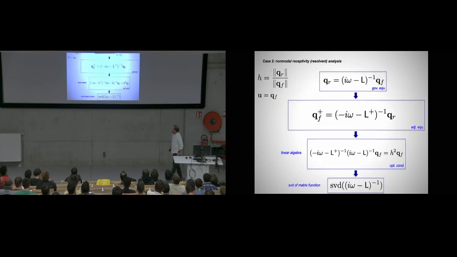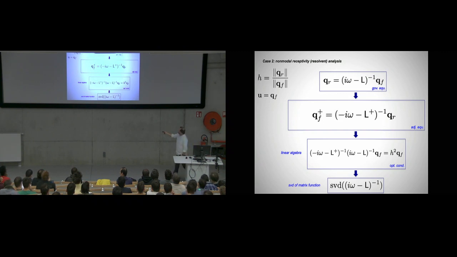And then you can go through the same thing. Since this is my box for the governing equation, no integration, a direct map with the resolvent. This is my adjoint equation, no integration, a direct map between the response and the adjoint forcing. Then you stick everything into the gradient box. And again, you get an eigenvalue problem. The forcing, the control variable, comes out as an eigenvector, and the gain comes out as an eigenvalue squared.